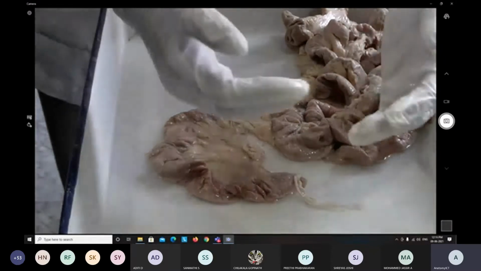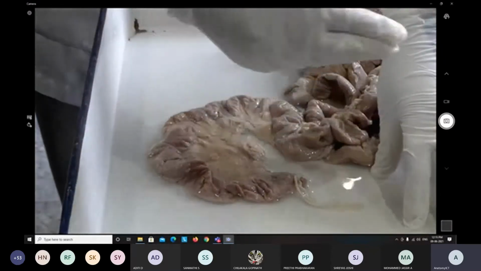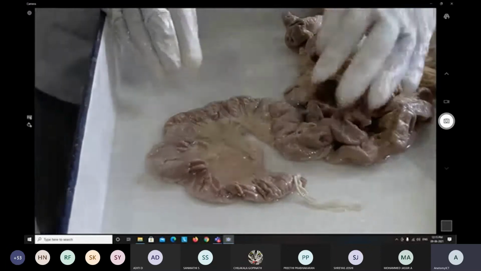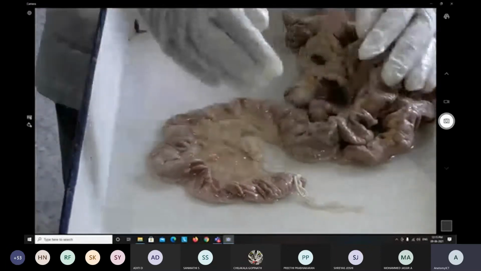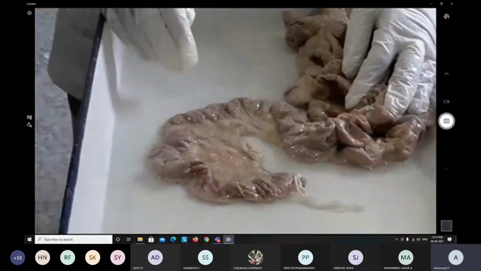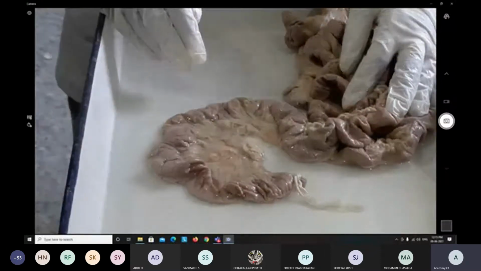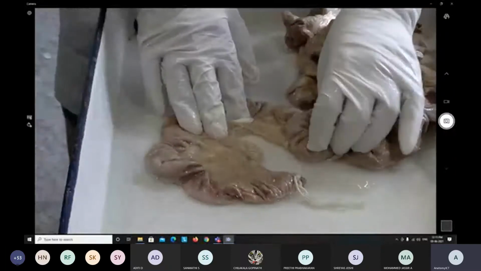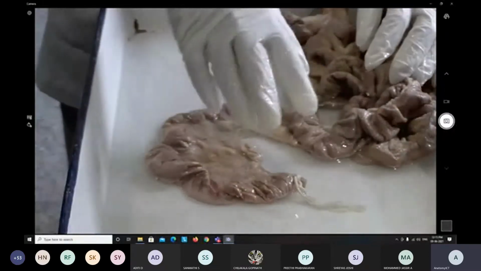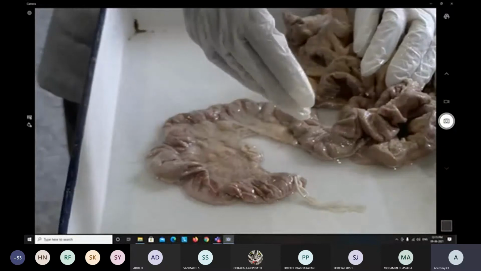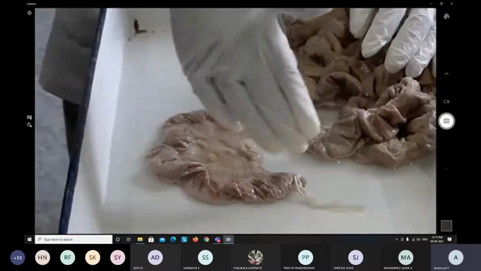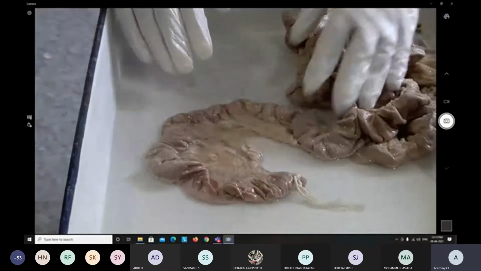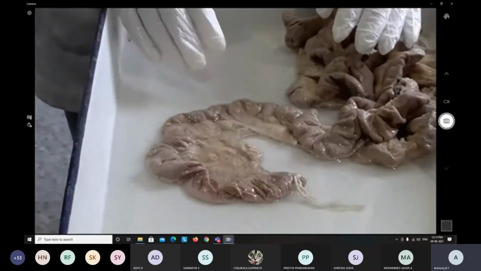So the whole content slowly leaves into the duodenum to prevent damage to the duodenum's inner wall, because the corrosive food may damage the inner wall of the intestine, right? One must remember that gastric emptying is not at a time. The gastric contents slowly leave the stomach into the first part of the small intestine, which we call the duodenum, right?